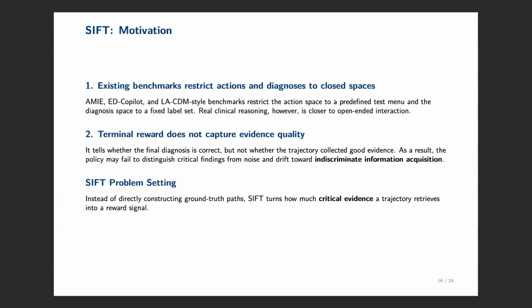But real clinical diagnosis is more open-ended. Secondly, terminal reward does not capture evidence quality, the same as LDTL. A model can get a diagnosis right or wrong, but the reward does not explain whether it collected the right evidence. So SIFT addresses this by rewarding trajectories based on the amount of critical evidence they recover.